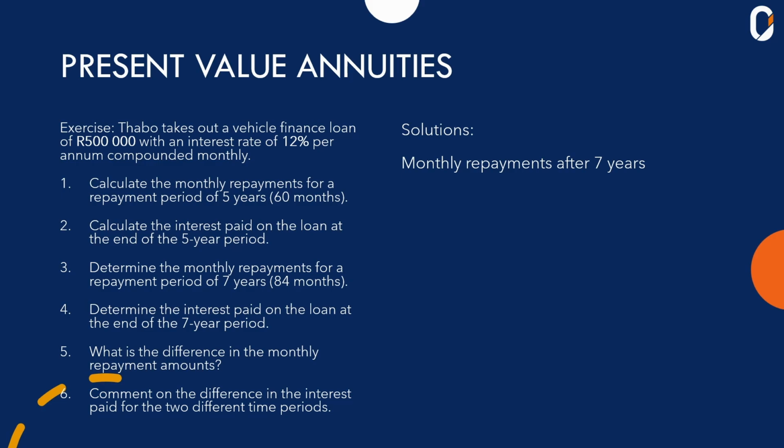For this new calculation, we still use the very same formula. X equals P multiplied by I, all divided by 1 minus (1 plus I) to the power of negative N. This time around our P is still 500,000, I is 0.12 over 12, but what has changed is the number of months, N is now 84. Hence X is equal to 500,000 multiplied by 0.12 over 12, all divided by 1 minus (1 plus 0.12 over 12) to the power negative 84.